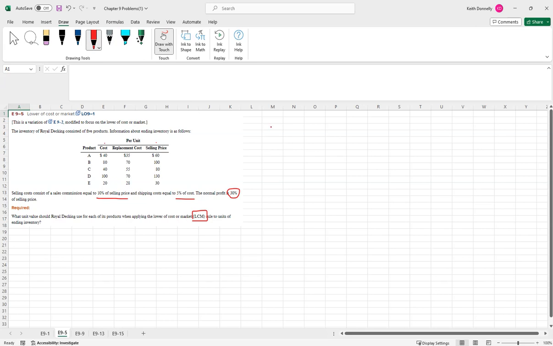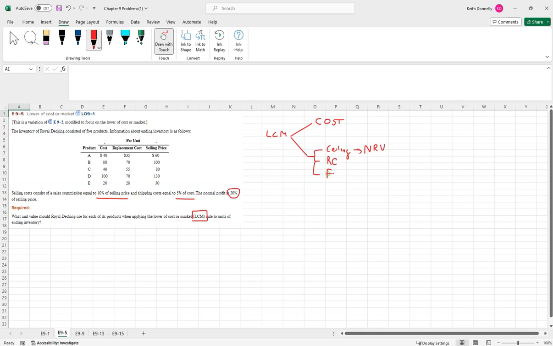So in this case with LCM, lower of cost or market, we're really picking the lower of cost versus what you do is you lay out essentially the ceiling, which is going to be your NRV. You have replacement cost. If you were to go buy this on the open market, that's different from cost.